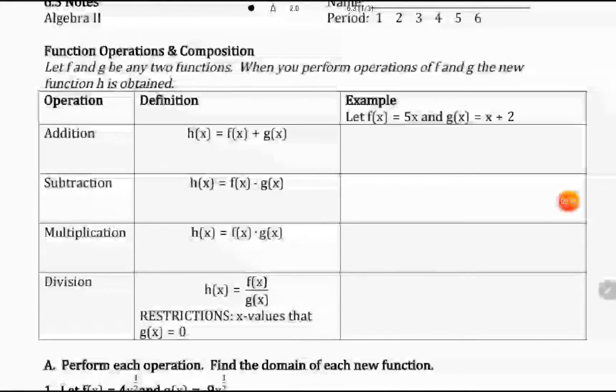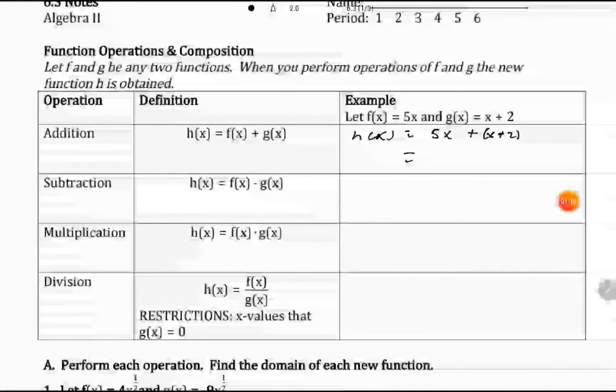So h of x is f of x plus g of x in this case: 5x plus (x plus 2). I'm going to put this in parentheses because if we had a minus sign, that would change what's going on here. But since we have a plus sign, we can drop the parentheses and just add like terms. 6x plus 2 is now our new function.